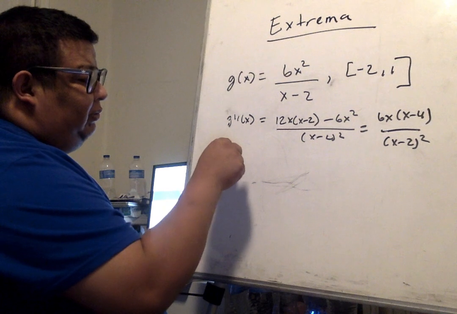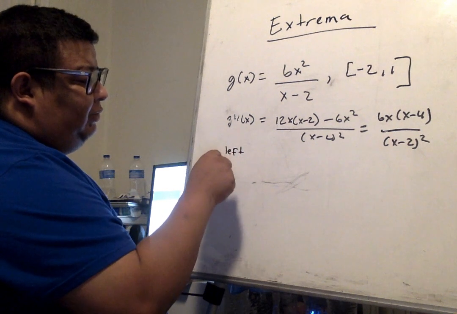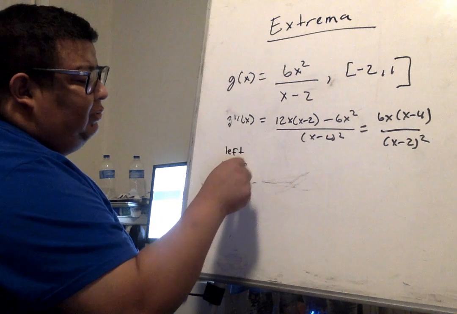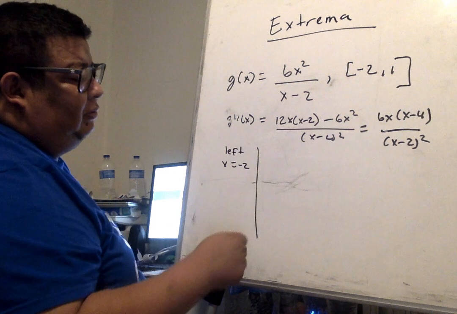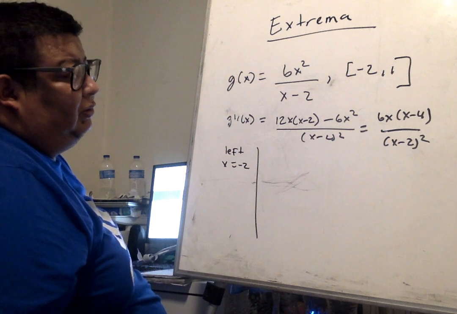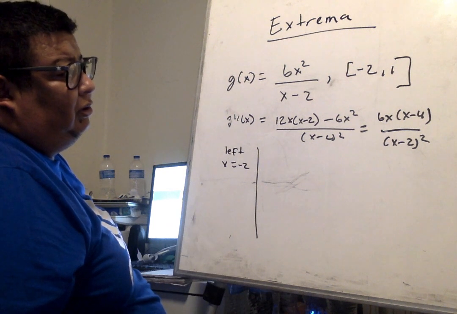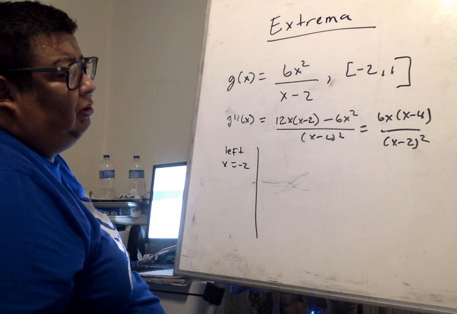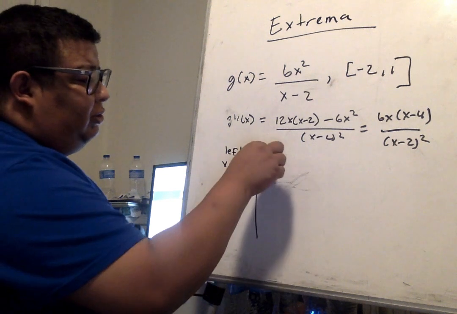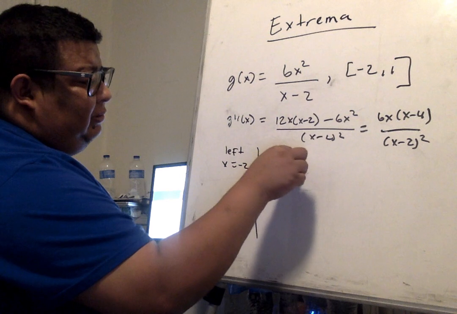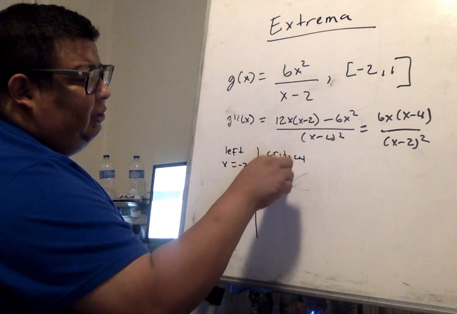So we're just going to do the left endpoint, which is when x equals -2. And then the critical point, which is when x equals 0.